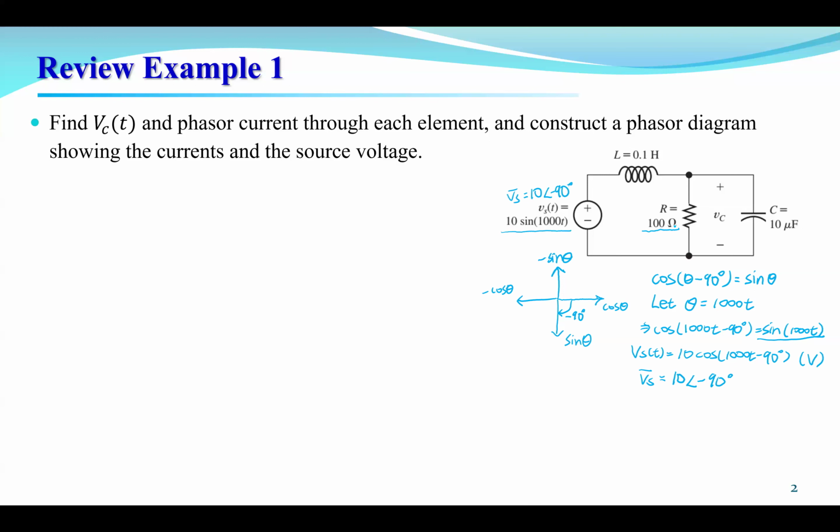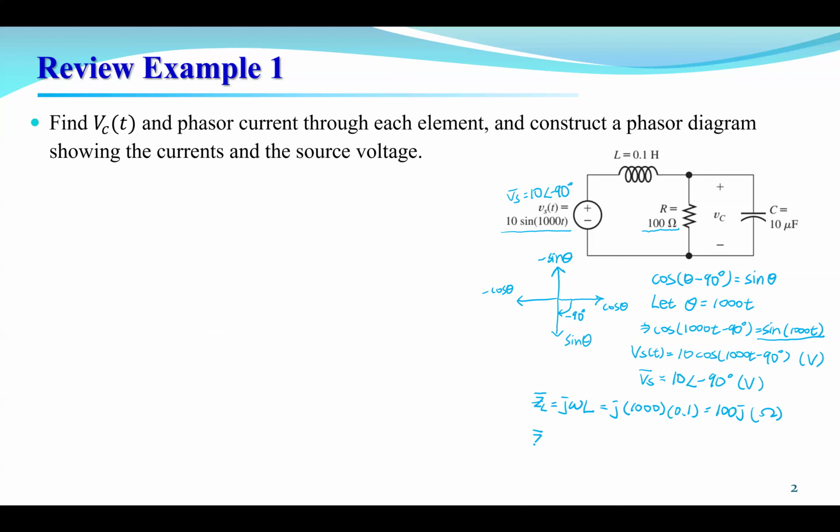And to convert the inductor to its impedance ZL, we resort to the formula j omega L. Omega is 1000 and its inductance is 0.1. So we have 100j. The unit is ohm.